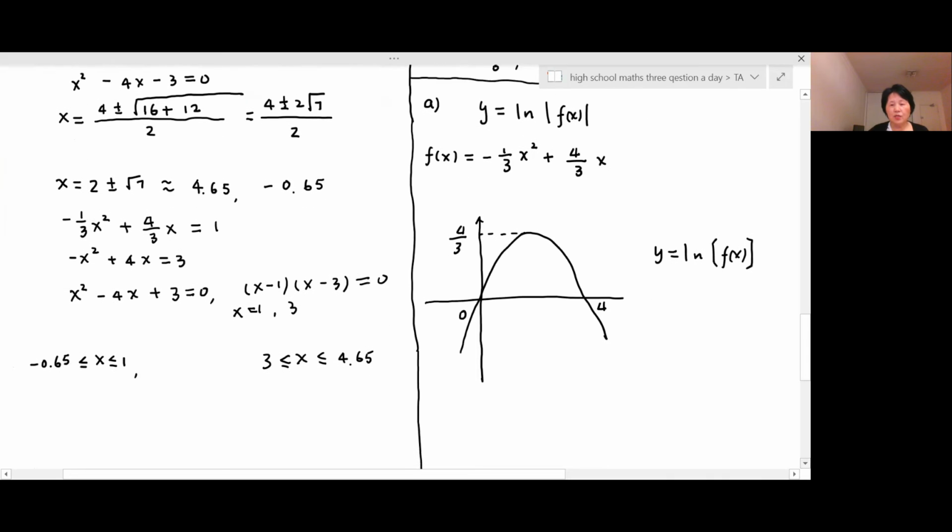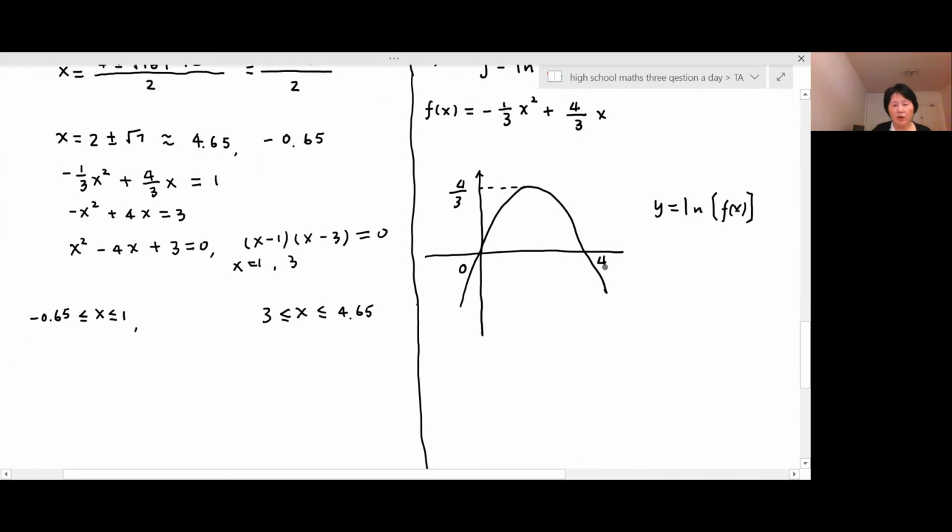Okay, so when I draw this one, I have to take off this part and not include these. Only the positive side we can draw, because this part inside the log will always be larger than 0. Now I just draw y equals log x here.